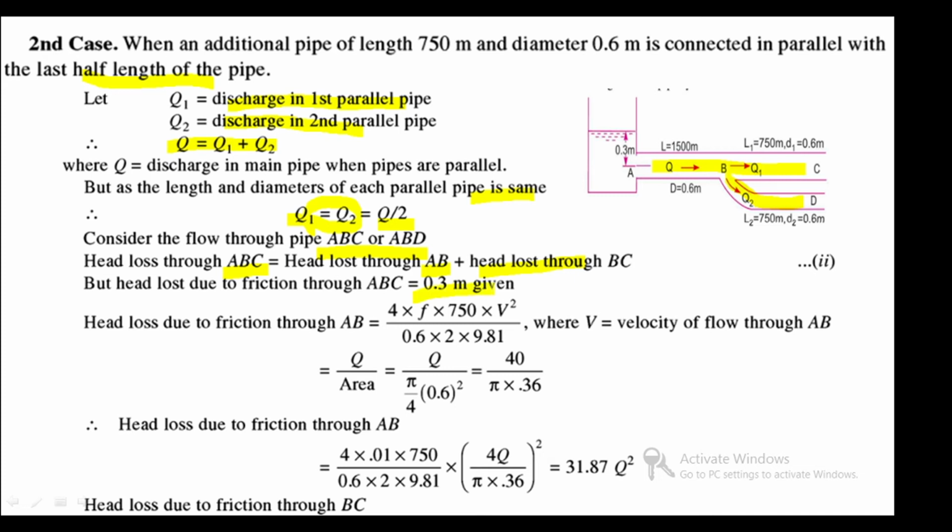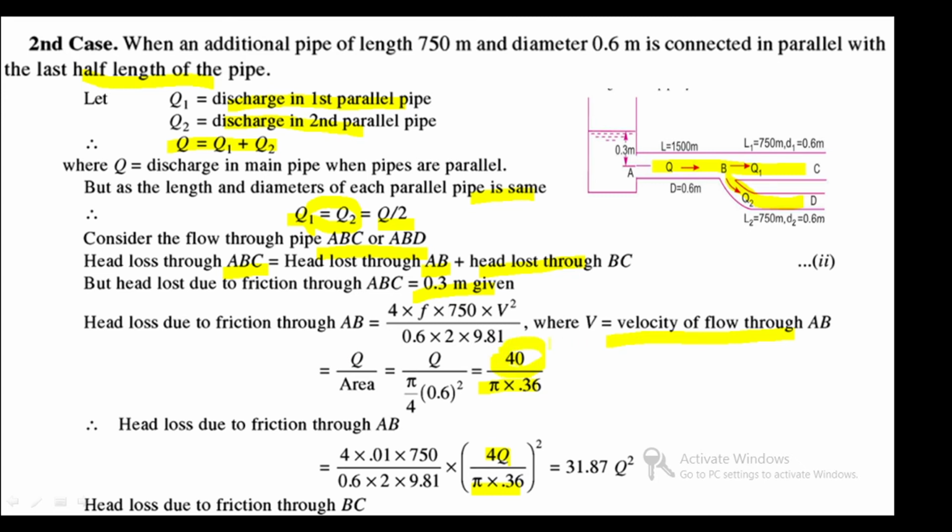So head loss due to friction through AB is 4FL V square divided by D 2G. Here V is the velocity in AB, which is Q divided by area, where area is pi by 4 into 0.6 square, 0.36. So the velocity value is 4Q divided by pi into 0.36.